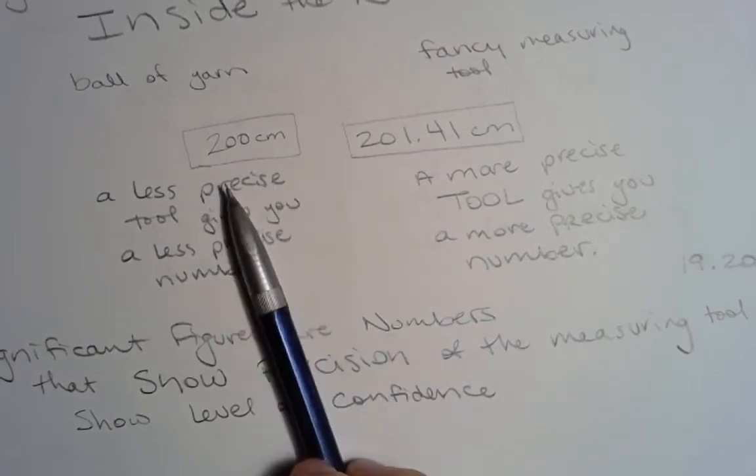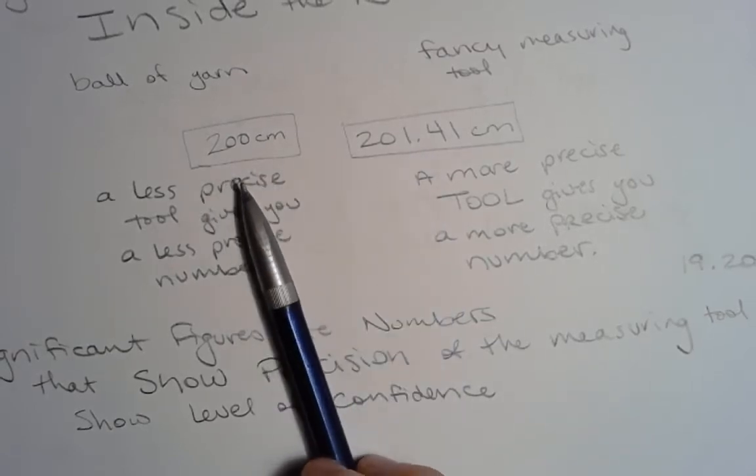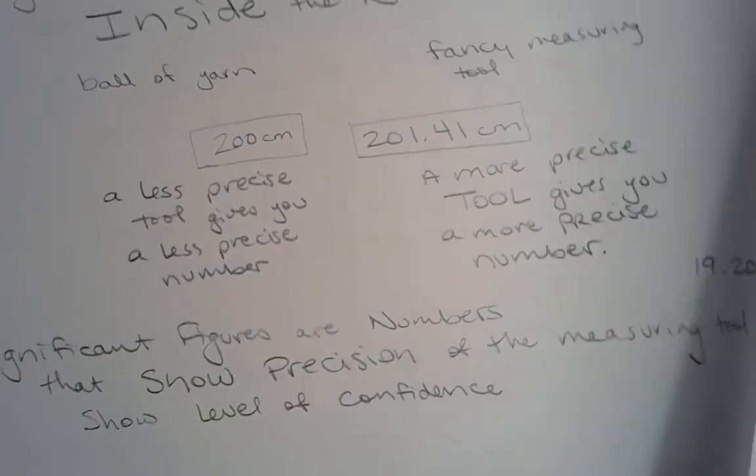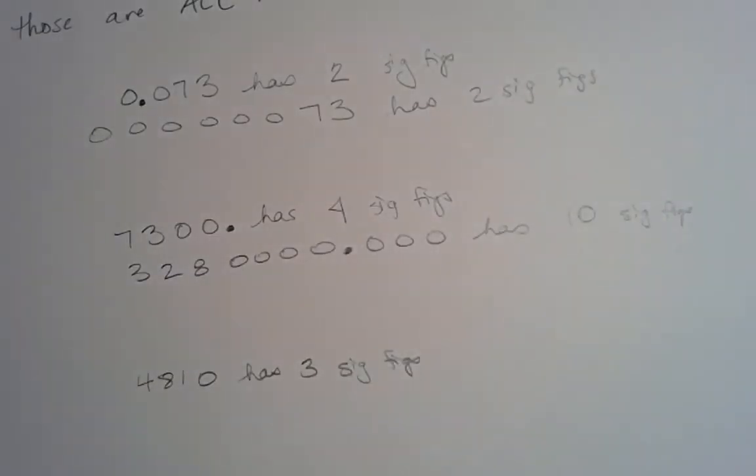It's just a less precise tool, so it's going to give you this kind of number. Similarly, this tool could see to the tens place, but it couldn't see beyond that. And beyond that, we really don't know.